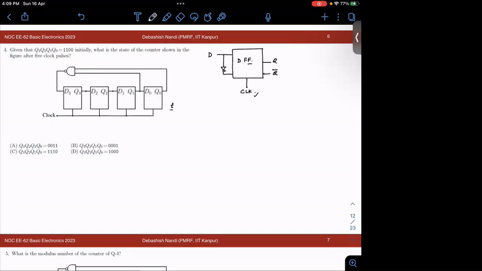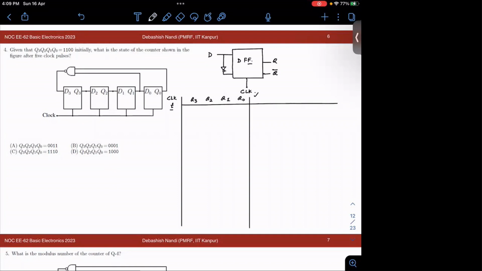This is T or clock, let's say, and you have your Q3, Q2, Q1, Q0. Let me move it a bit aside.